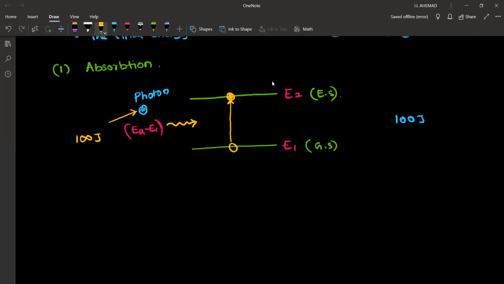It will get excited because this energy gap and the energy I provide are equal. But if the energy of this photon is 110 joules, then will it get excited? No, it is not going to get excited. What is the reason? Because it is not matching this energy difference. Clear?